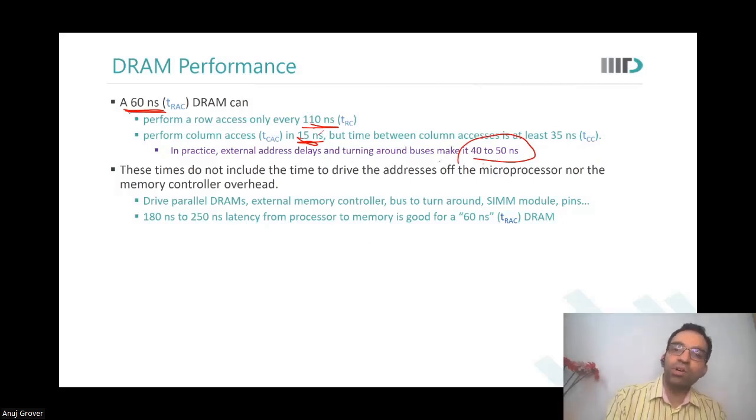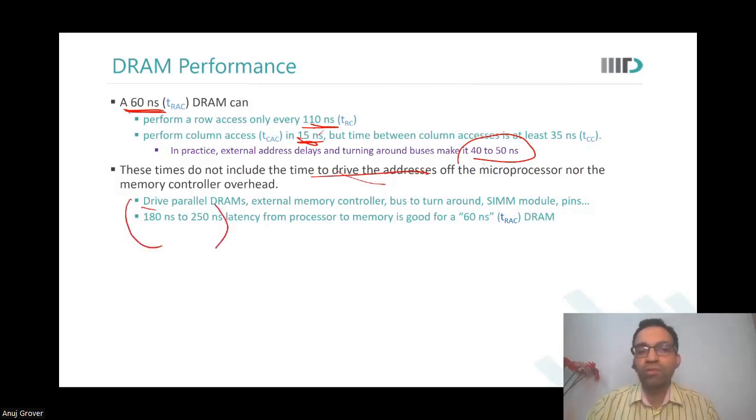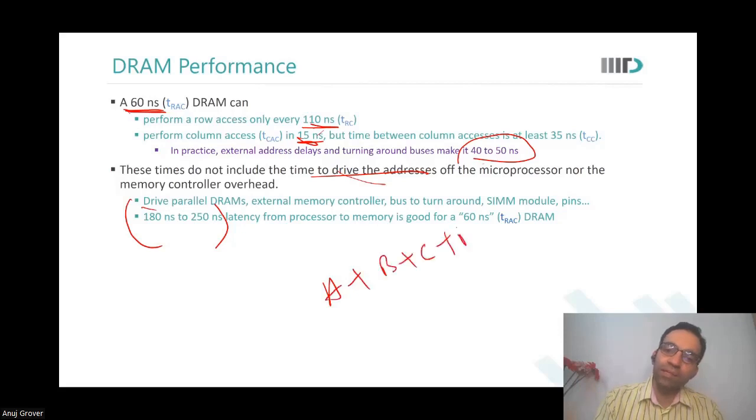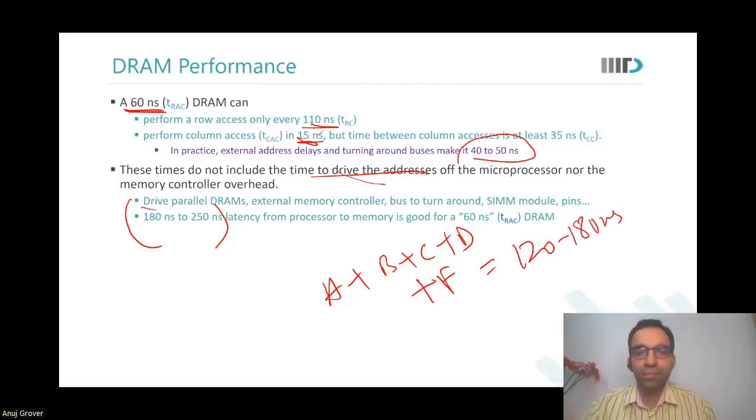And then because the IO time also comes in, in reality that 40 to 50 or whatever becomes 180 to 250 nanoseconds latency when it comes to the processor part. Is that okay? So that is A, B, C, D, E, and F. So A plus B plus C plus D plus F is a huge amount. Could be anything between 120 to 180 nanoseconds, whereas your memory TRAC is at 60. Is that okay?